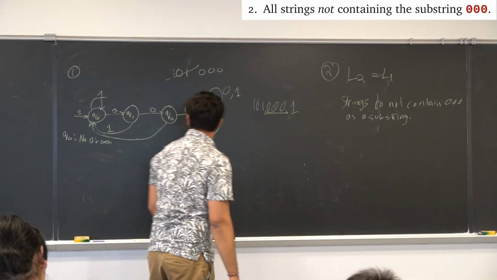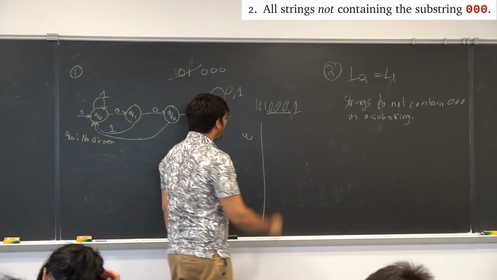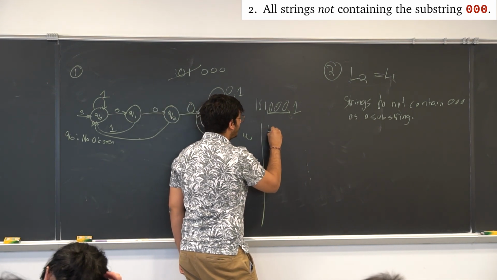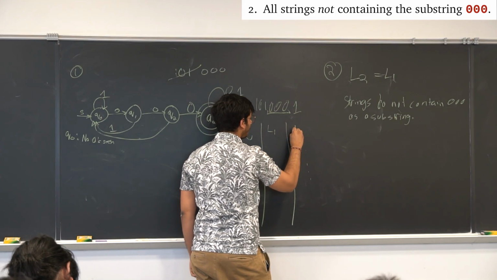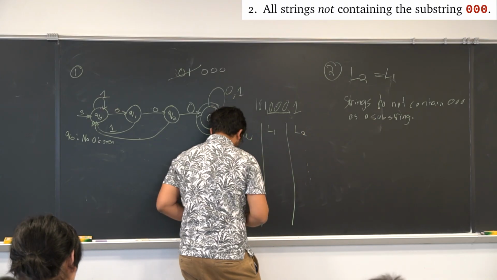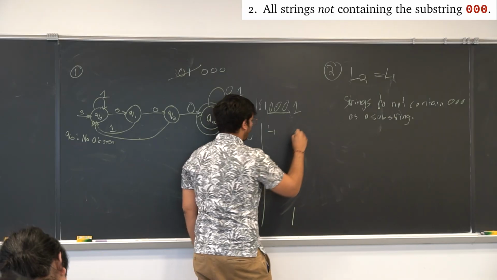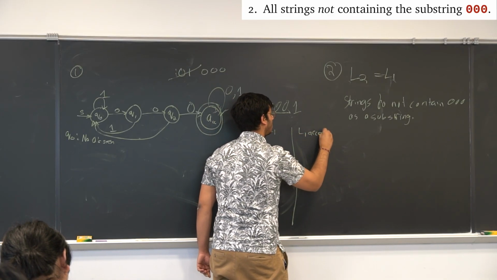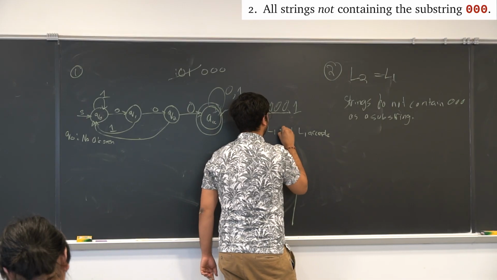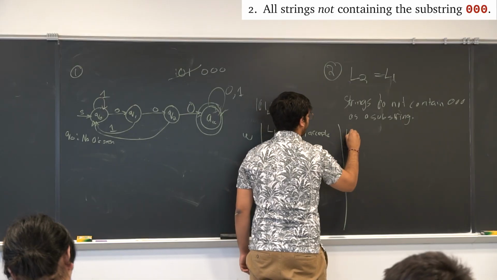And I'm going to make a table where I have my string W. I have my language L1, whether or not it's accepted or rejected. What should I do? How about this? L1 accepts. And then we'll have L2 accept.